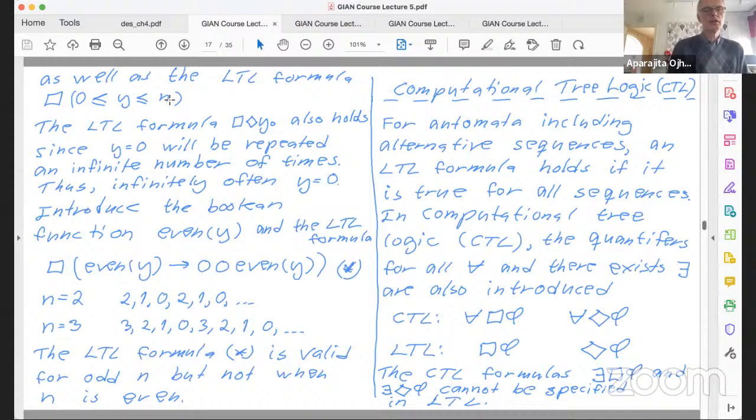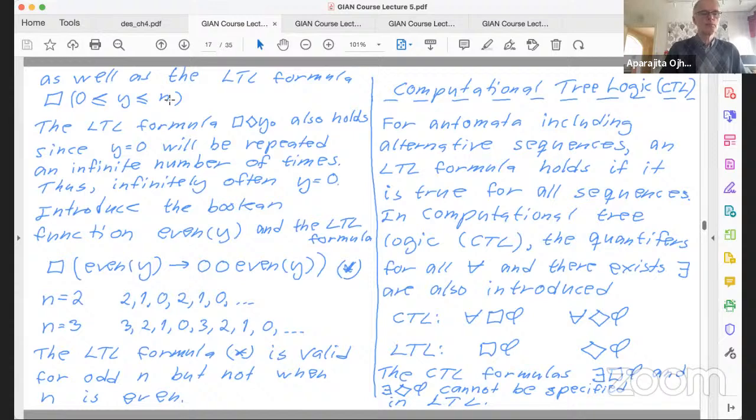Spontaneously that looks reasonable, but could we really be sure about that? Well, actually, it's not valid when n is even. But for odd n, it's true.